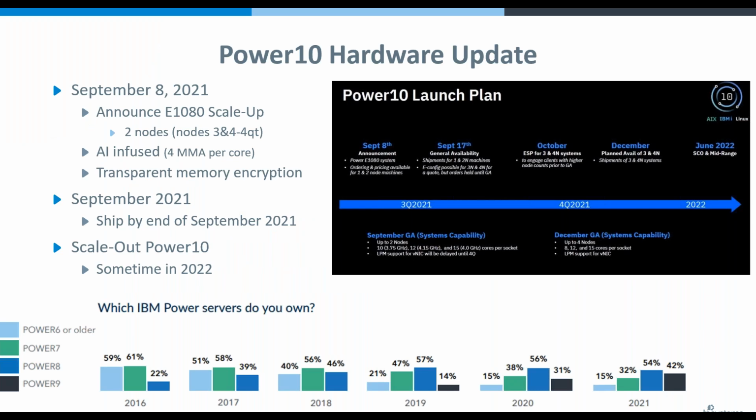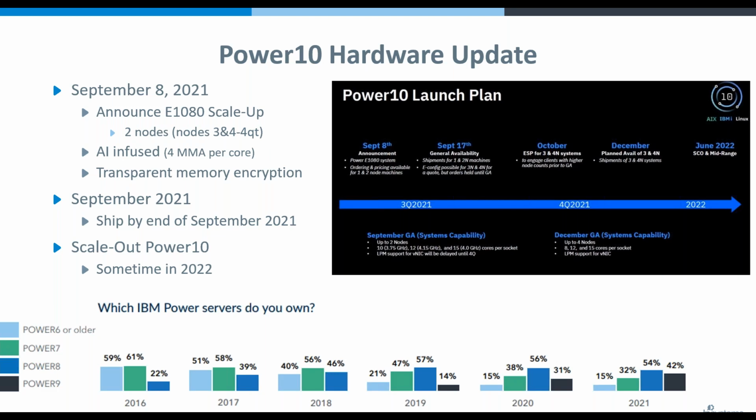Let me just recap where we are, first of all, in the market with Power10, compliments of IBM and others out there. As you know, Power10 was first announced on September 8th, and IBM is rolling out the E1080 2-node. That's what's shipping here at the end of September, so that is available already.